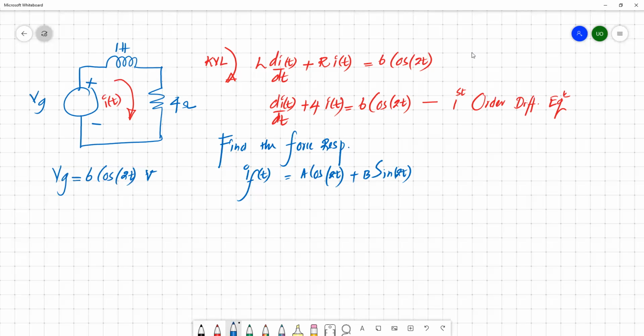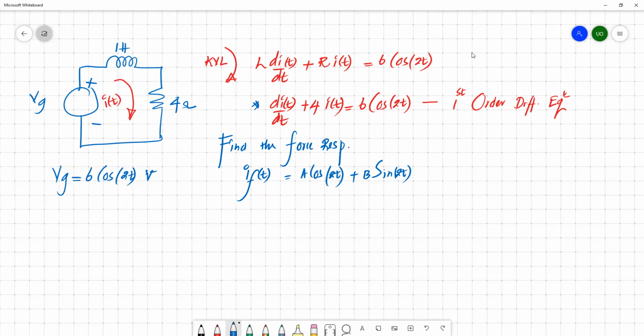If this is the solution of the differential equation, we can substitute it into the differential equation, which it must satisfy.